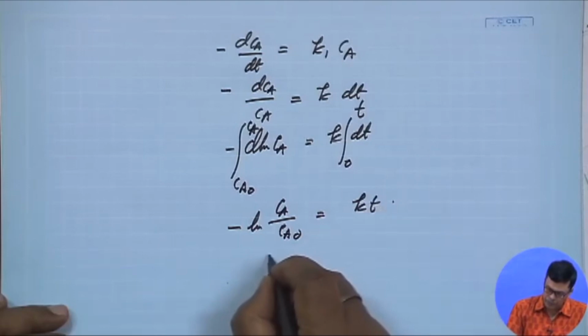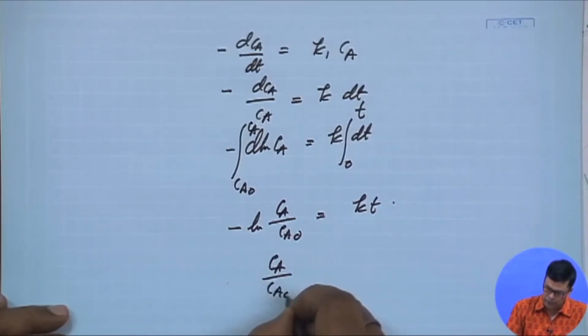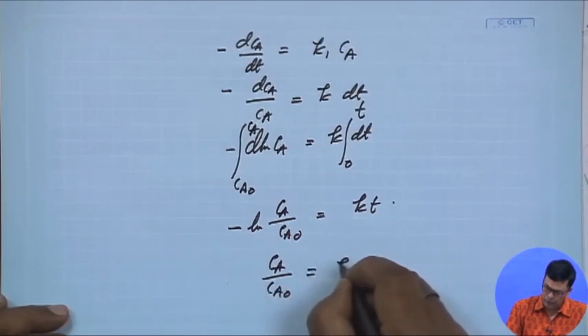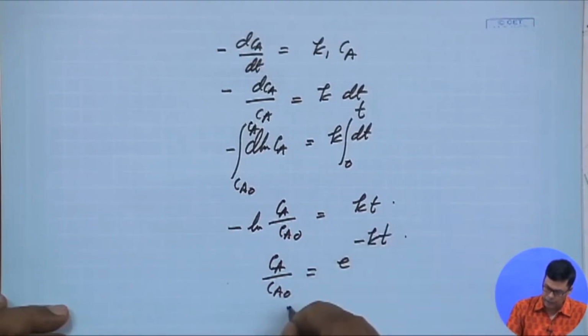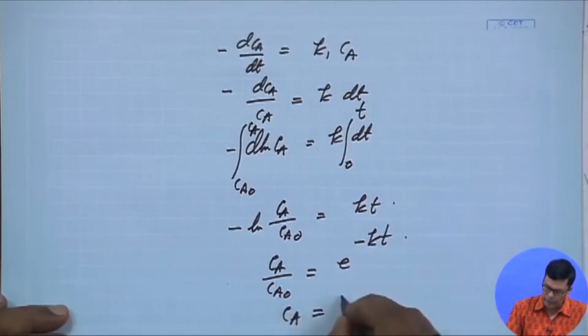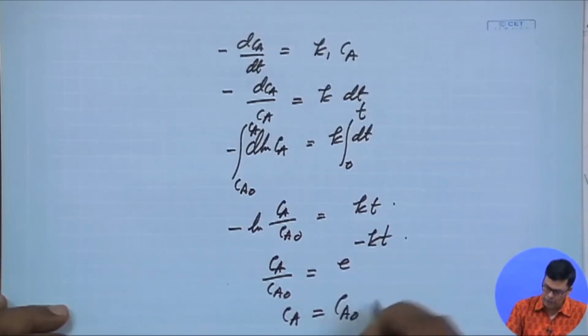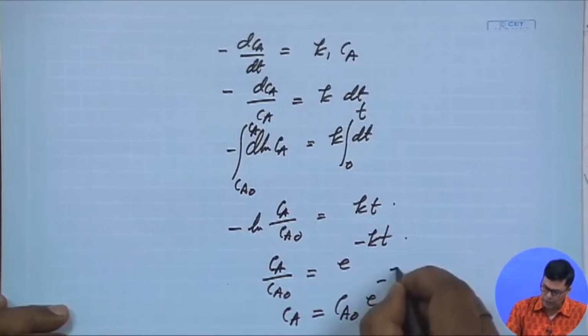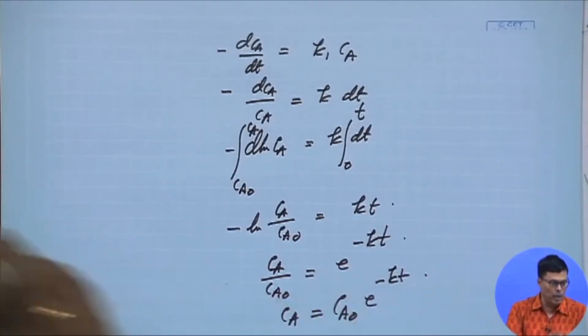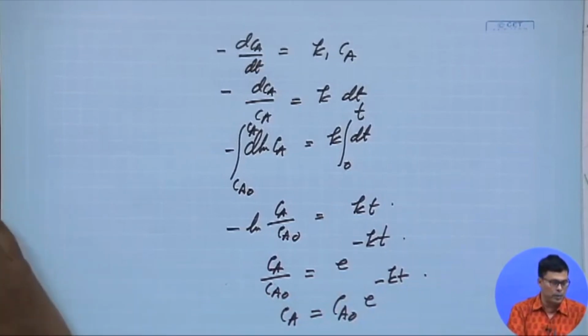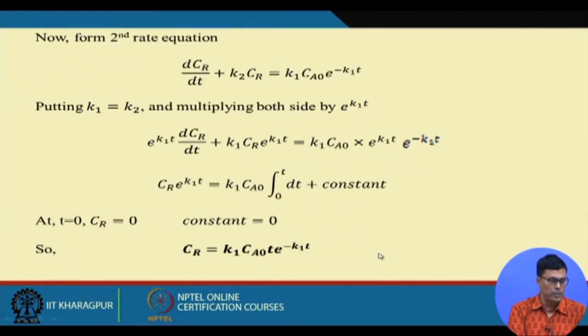So Ca by Ca0 will be e to the power minus kt. What will be Ca? Ca equals Ca0 into e to the power minus k into t. So we can easily find this out, this is how it has been found here.